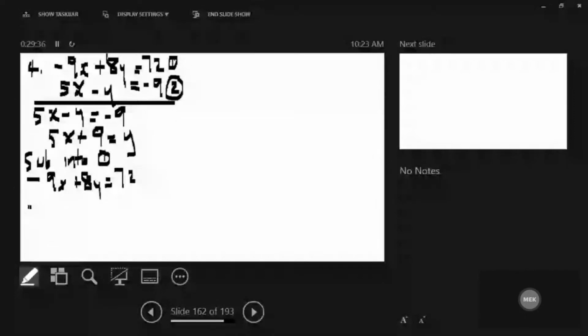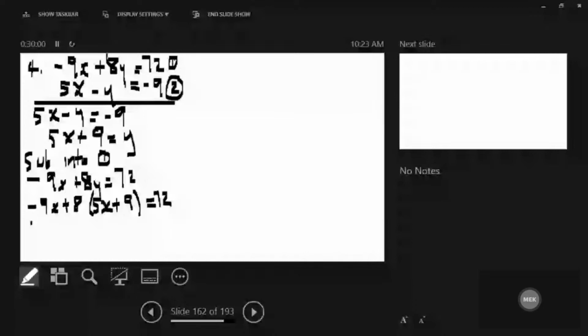So it's negative 9x plus 8 times 5x plus 9 equals 72.